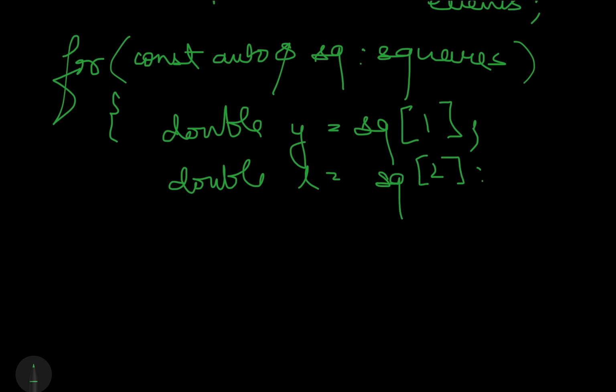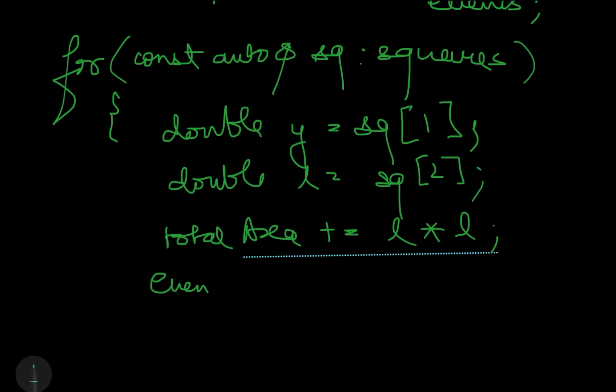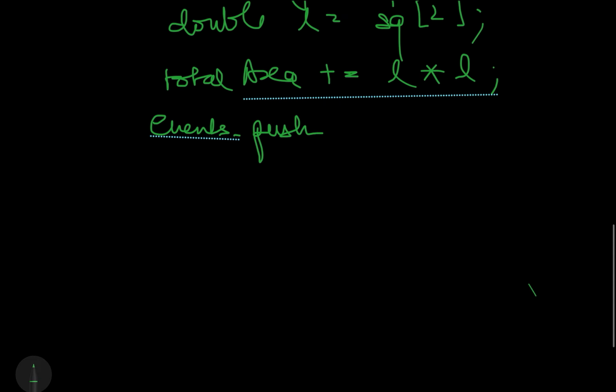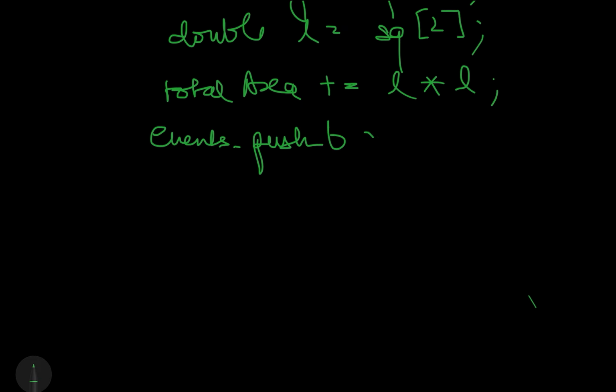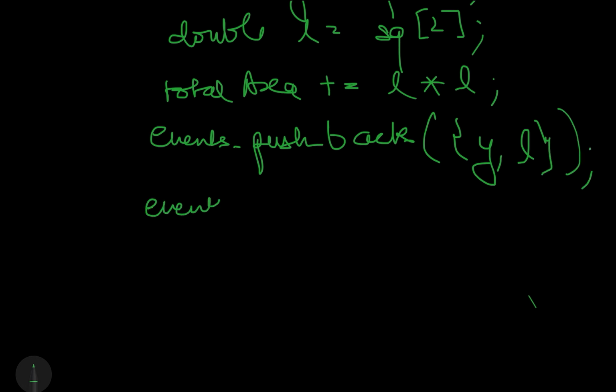Okay, and our total area would be L into L. Okay, and then we'll push this square in our events vector. Okay.